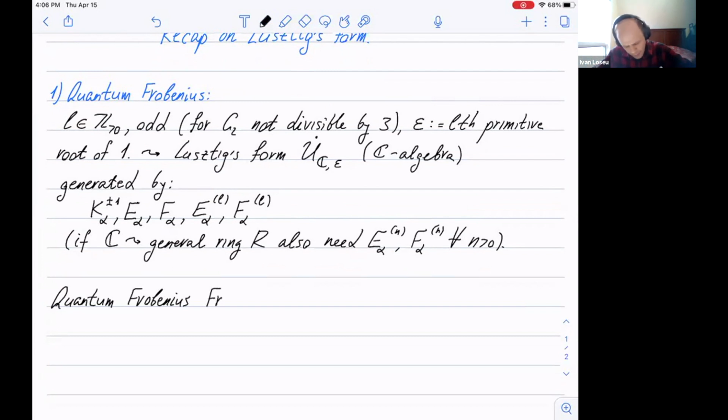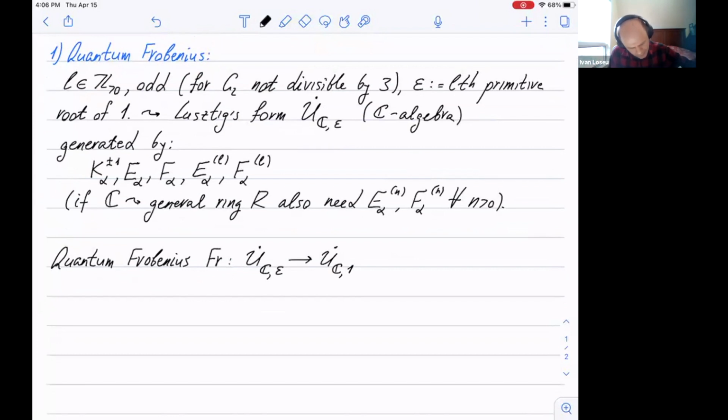And it's an epimorphism from U epsilon, well, I can write U dot over C, so let me continue doing this, to U dot at parameter 1. And so what this thing is doing, it sends K alpha to K alpha. It sends E alpha and F alpha to 0.